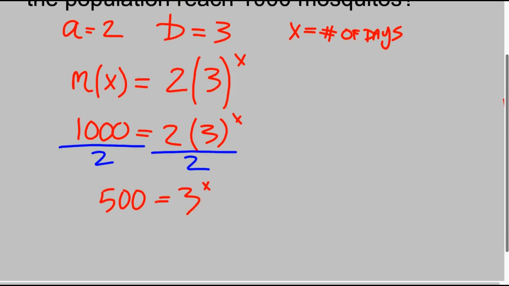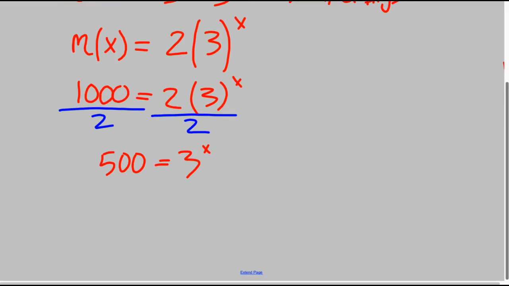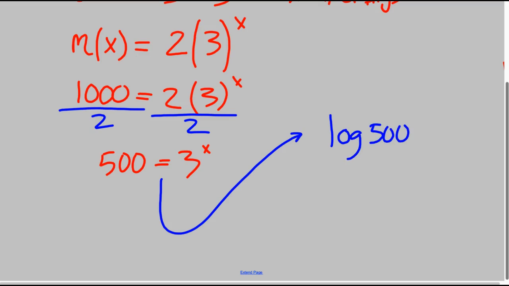If only we learned about some way to solve for a variable that's an exponent. Oh, logs. Yeah, that's why we have logs. So take that and write it in log form. That's the same as saying the log of 500 base 3 equals x.